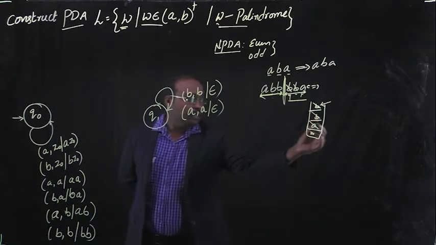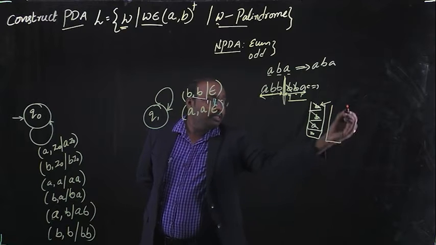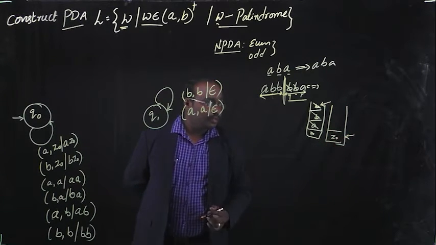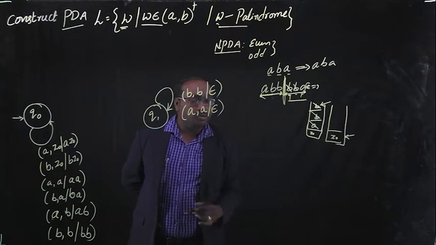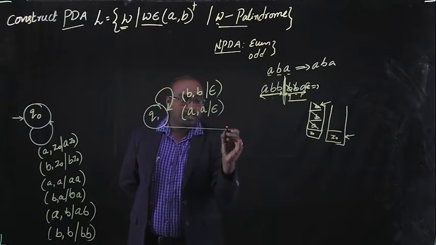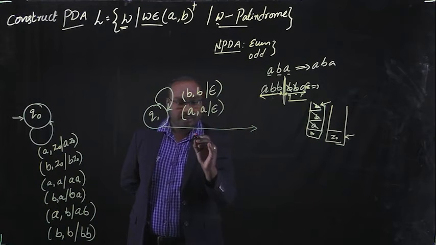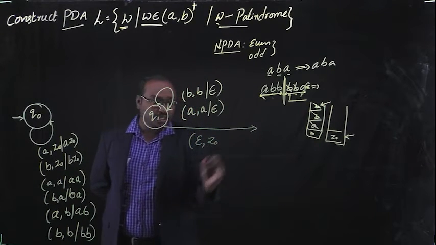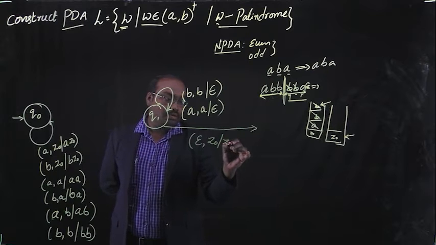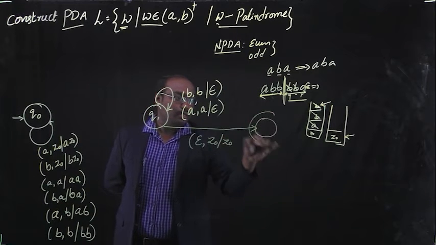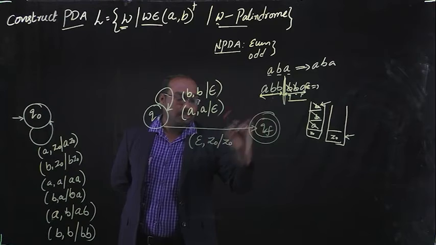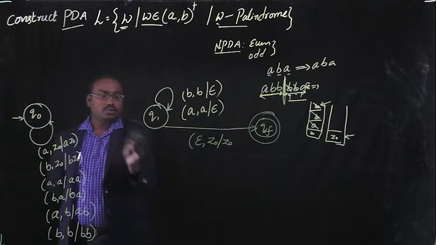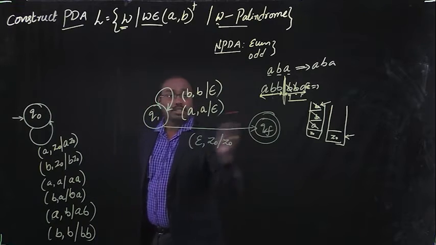So after seeing all the elements, we have to reach Z0, and finally the input symbol is epsilon. Then if the input symbol is epsilon and the stack's top is Z0, we have to accept the given string. So these are the two states we have to construct the PDA.